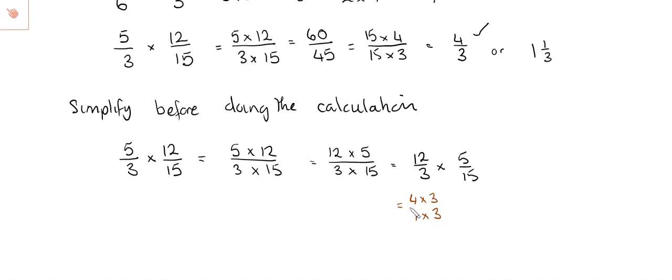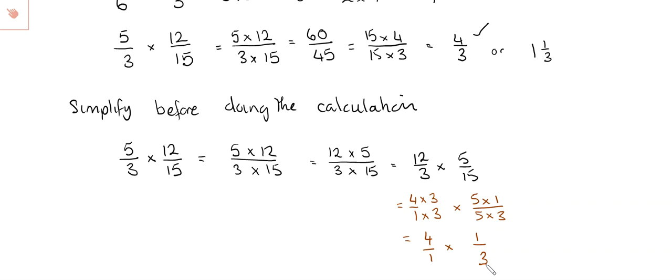So the 3 and the 3 leave me with just 4 over 1. And what do 5 and 15 share? 5. So if I do 5 times 1 divided by 5 times 3, I'm left with 1/3. You okay with that?